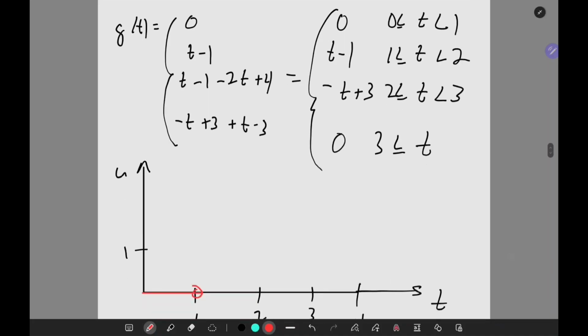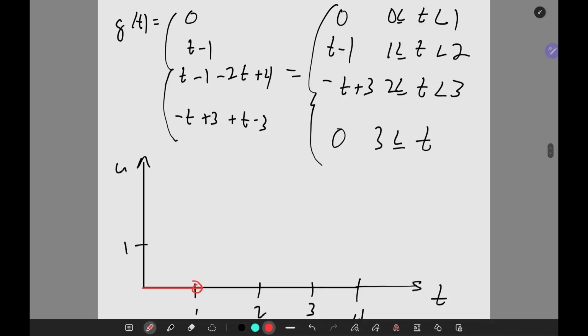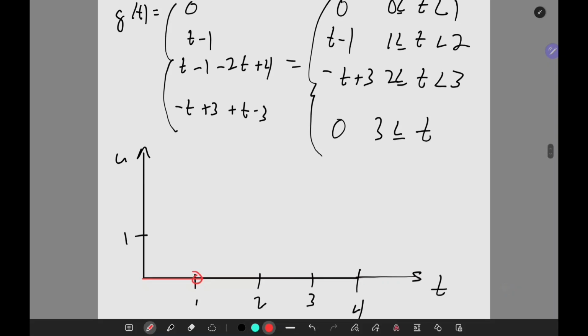The next 4. 1 to 2, t minus 1. So if we plug in a 1, that is 0. So it starts at 0 and has a slope of 1. So that would be closed then. Closed, yeah. Because they connect. They're not separated for this one. They all connect. And then we have minus t plus 3.